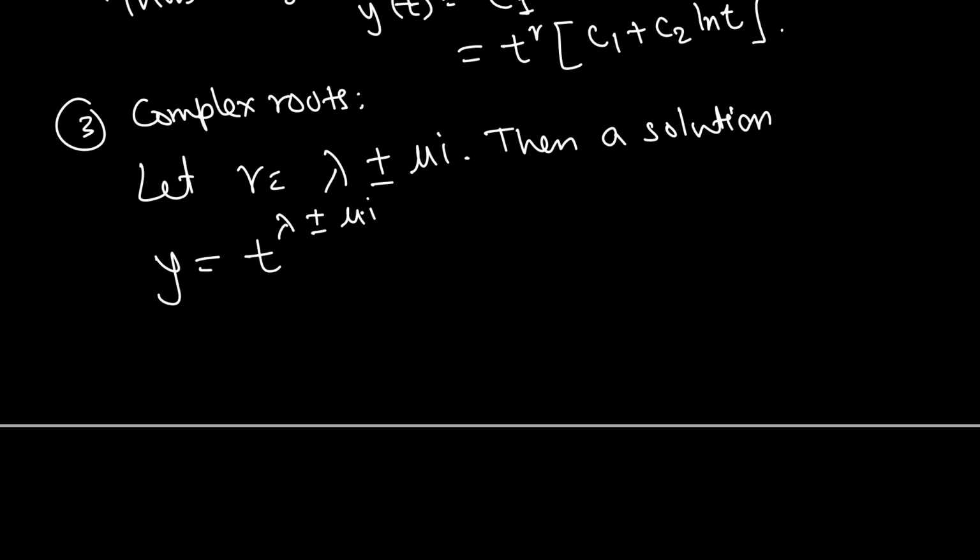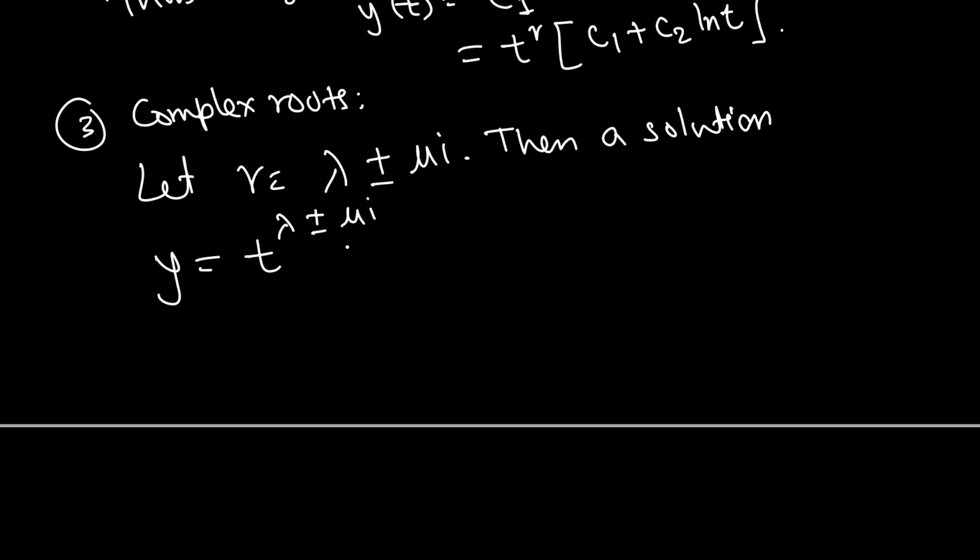Okay, so we got complex roots here, so it's not good. I mean, we can write t raised to lambda plus mu i as one solution, and t raised to lambda minus mu i as another solution, but it's kind of not good, because when we started the ODE, we did not have any complex numbers. Now we are getting complex numbers.